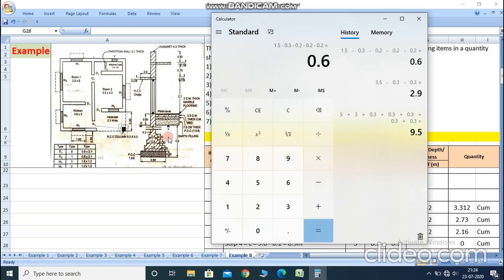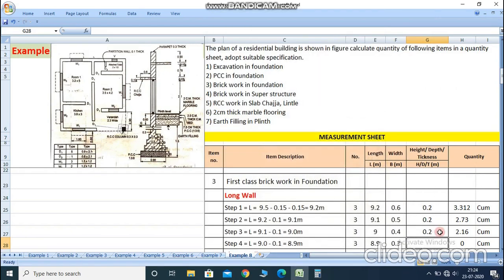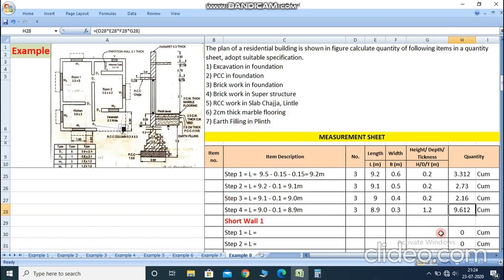So we got the answer 0.6, and we got the value from the bottom portion of this 0.2 third step, and plus 0.6. So 0.6 plus 0.6, we got the answer 1.2. So the height we put here is 1.2 meter. So right here 1.2, we got the answer 9.612 cubic meter.